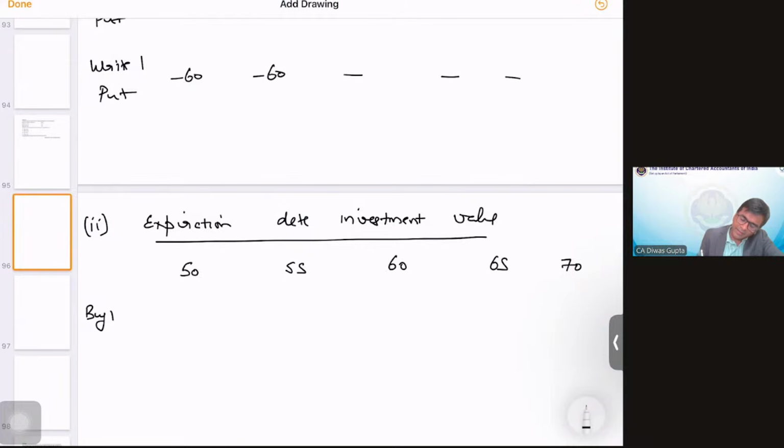Buy one call option. If you're buying one call option, so first of all, students, investment value will be as good as your premium, right? So if 60 rupees is the strike price, we are talking about call option. So there is no investment till here. Here only 5 rupees and here only 10 rupees.